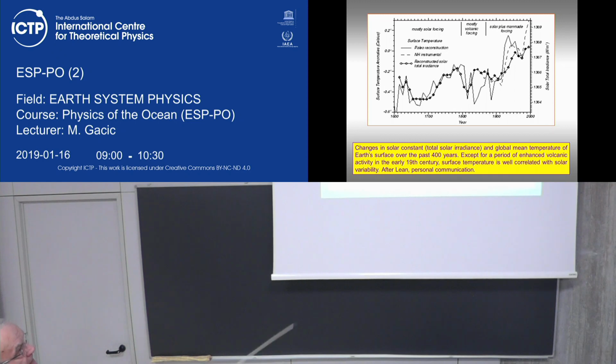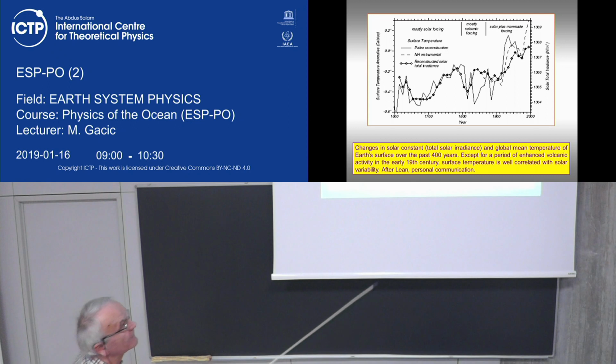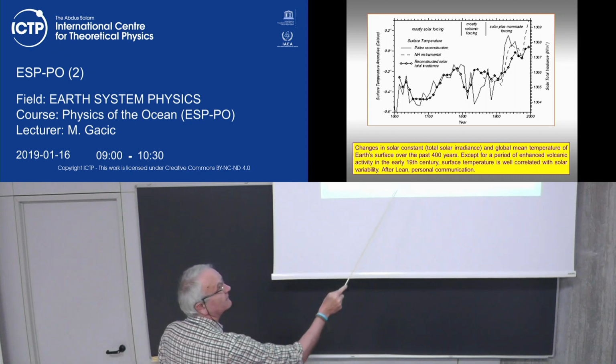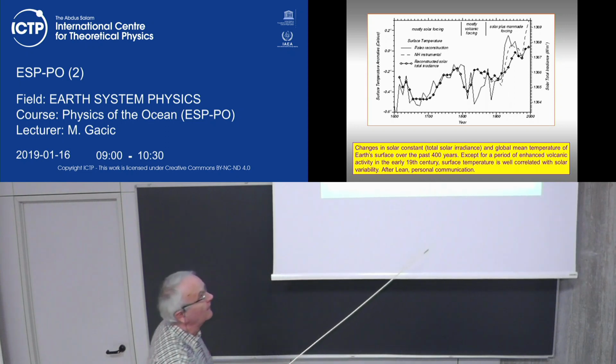And what you can see is that the two curves follow each other very nicely, except for some specific areas, like here and here. Why is this so?